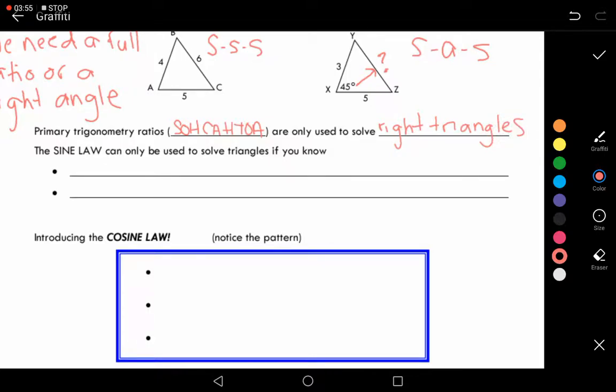The sine law can be used to solve triangles if we know two angles and any side, or one angle and 2 sides.